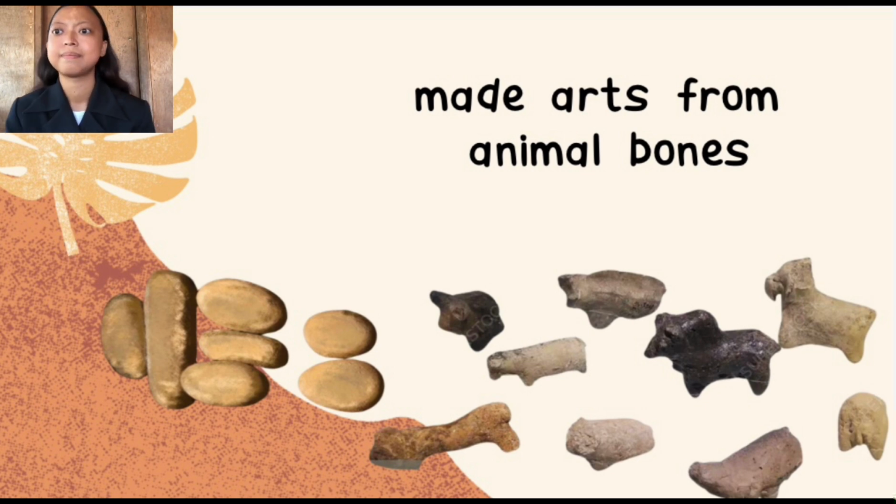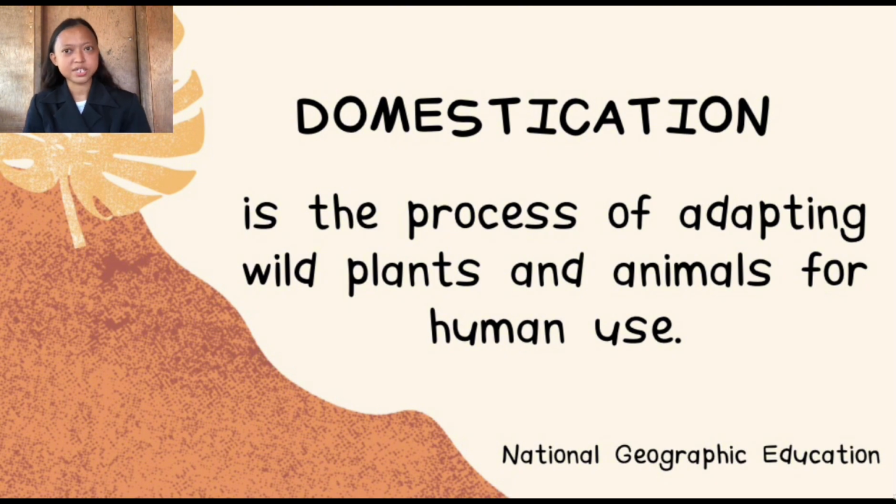Interesting, right? What is domestication? According to the National Geographic Education, domestication is a process of adopting wild animals and plants for human use. Domestic species are raised for food, work, medicine, clothing, and many other uses.